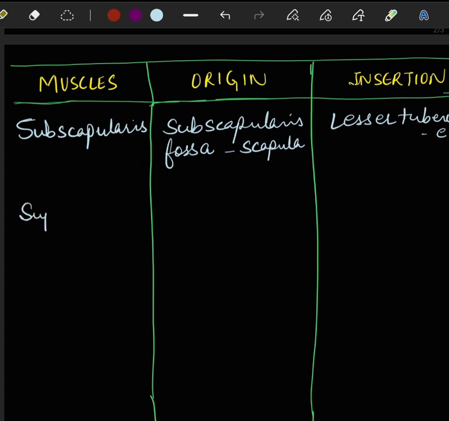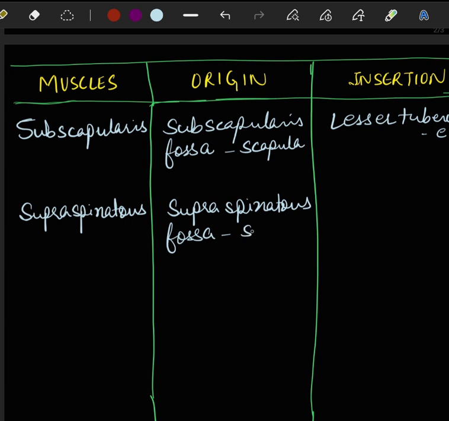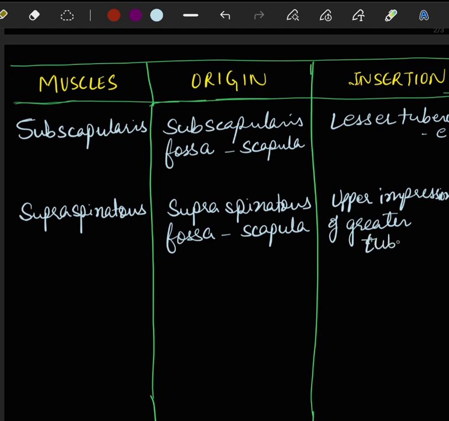Then we have our supraspinatus. Origin: supraspinatus fossa of scapula. Insertion was at upper impression of greater tubercle of humerus bone. Here also humerus bone and here also humerus bone.